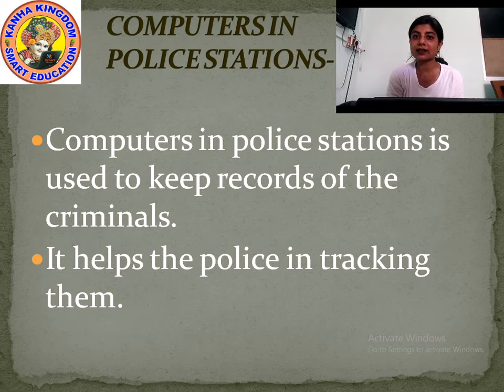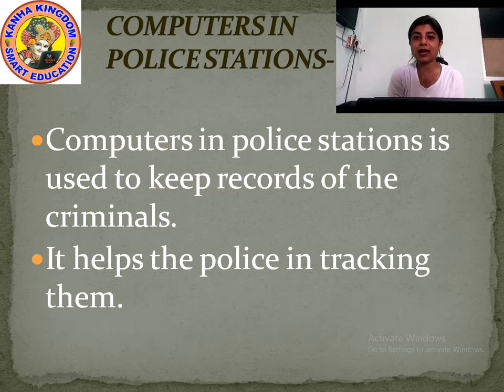The criminals that are there in the police station, computers are used to keep the records of the criminals, of the thieves. Okay. Then it helps the police in tracking them. It helps the police to track the criminals, to find the criminals.